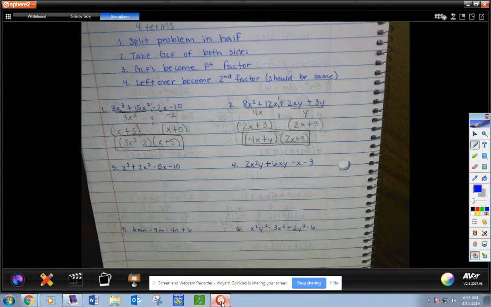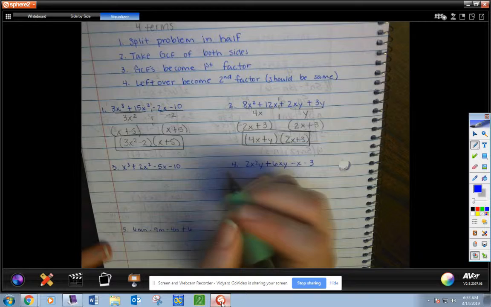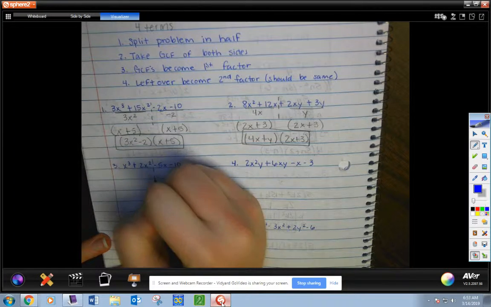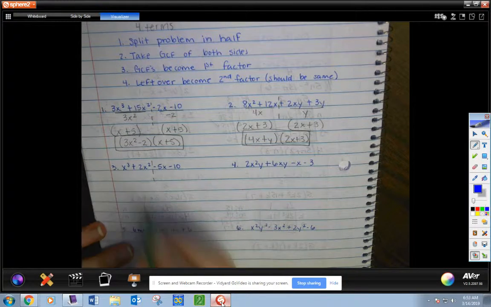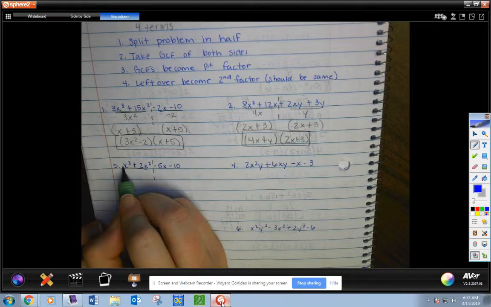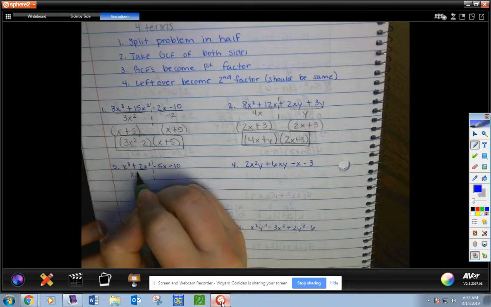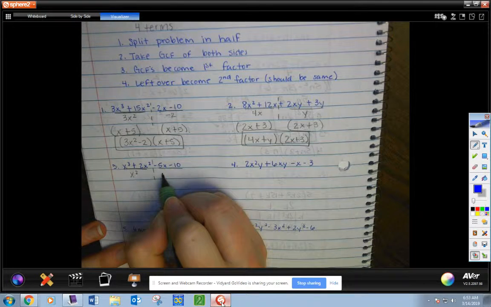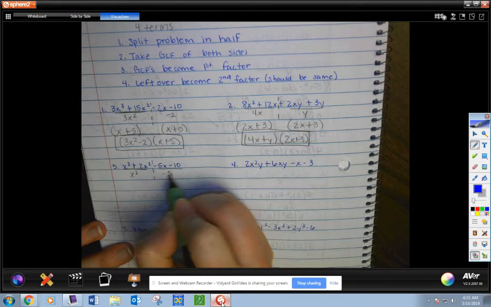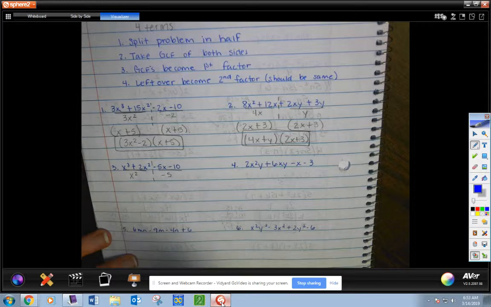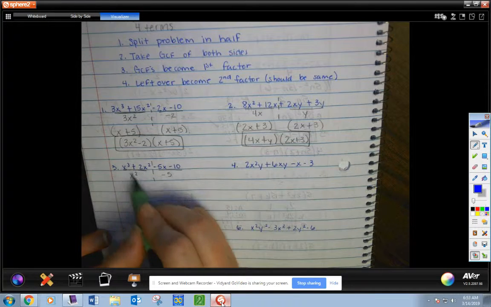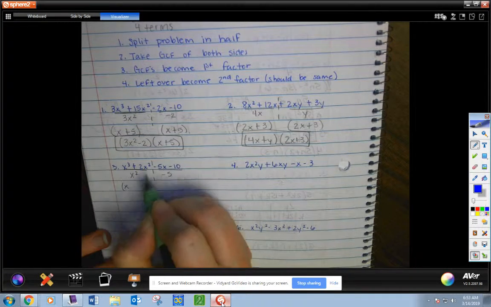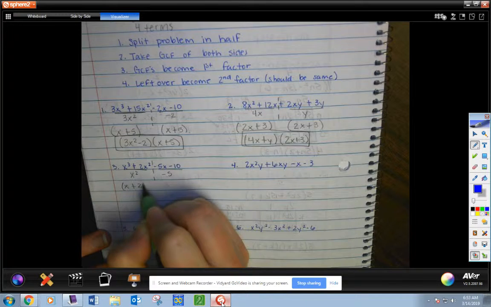Okay, for number 3, I have x to the third plus 2x squared minus 5x minus 10. I divide my problem in half. This side, the leading coefficient's a 1, so all I can take out is the x squared, the small letter. Over here, it starts with a negative, so I pull a negative 5, because 5 can come out of both of those. When I divide, I'm subtracting my exponents, so that leaves me with x and plus 2.